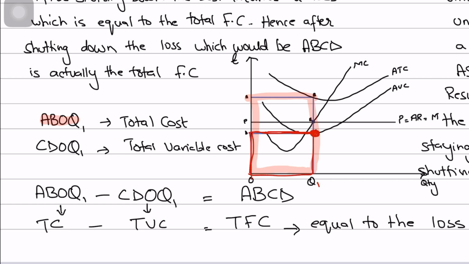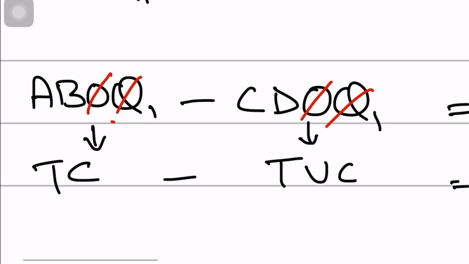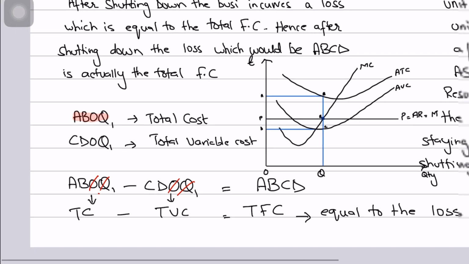And then the same length times breadth, we find out the value of the area of total variable cost. Anyways, so again, वही वाली बात कि if I deduct the big box from the small box, I get this. And it's very simple. If I deduct ABOQ minus CDOQ, that is total cost minus total variable cost, I get total fixed cost, that is ABCD. Because OQ cancels, I get ABCD, which is actually my total fixed cost.